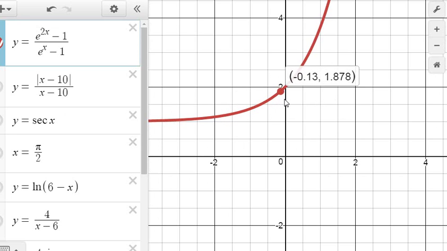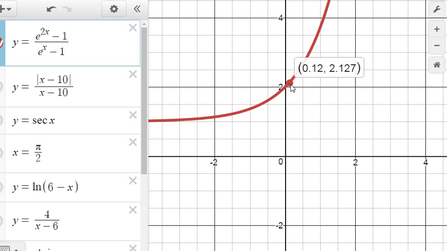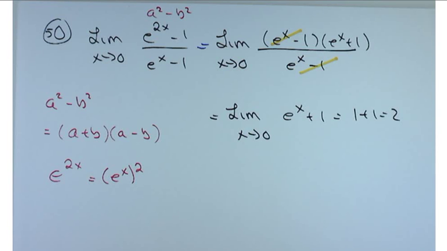As you get close to 0 from the left, you're getting close to 2. At 0 itself, the function is undefined. That's okay. But as you come in from the right, again, you're getting close to 2. So it's a nice confirmation that we've got the right limit. And I encourage you to do things like that, look back at the limit, make sure that you've got the right thing. Okay.